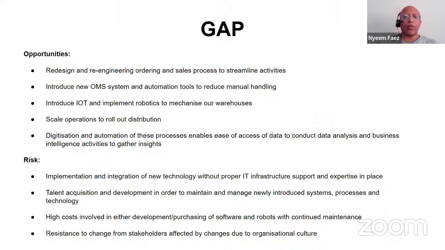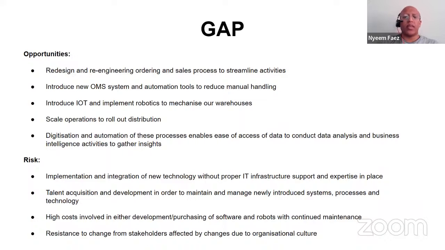So what are the opportunities and gaps that we have looked at? Opportunities allow them to redesign and re-engineer the ordering and sales process to streamline activities, introduce a new order management system, automation tools to reduce manual handling, introduce new robust technologies such as robotics and Internet of Things to mechanize our warehouse processes, and scale operations to be able to distribute and ship things more quickly and on a much wider scale.